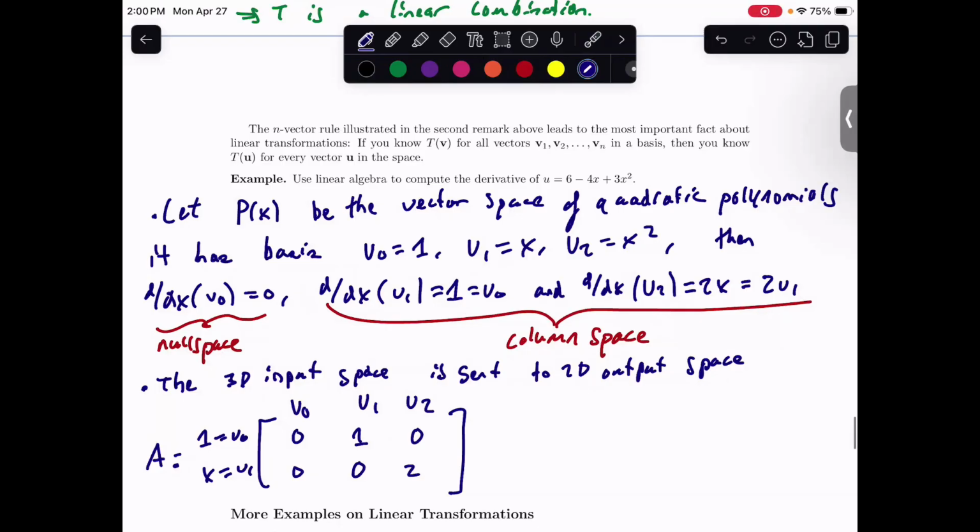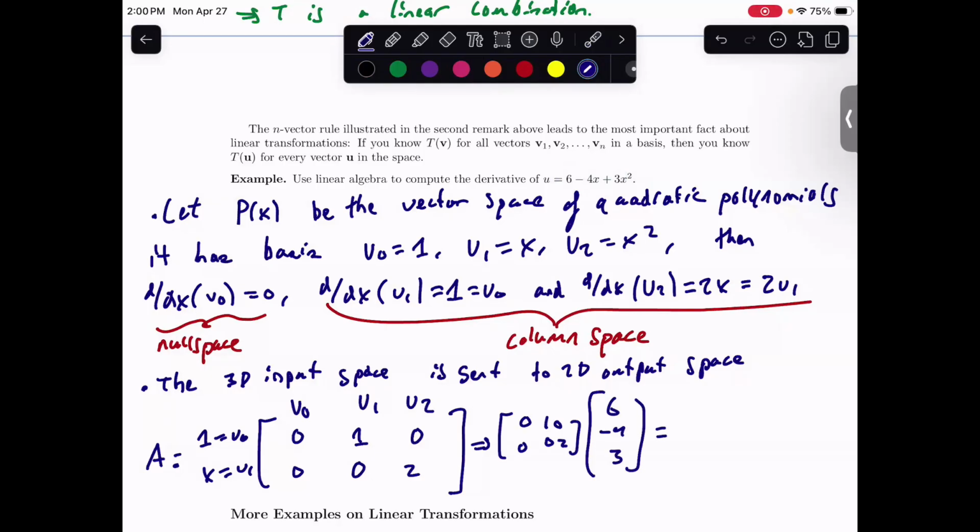And so how we can use this to determine the derivative of 6 minus 4x plus 3x squared is, if I took this matrix 0, 1, 0, 0, 0, 2, and multiplied it by a matrix formed by the coefficients we have here. So this is going to be 6, minus 4, 3.